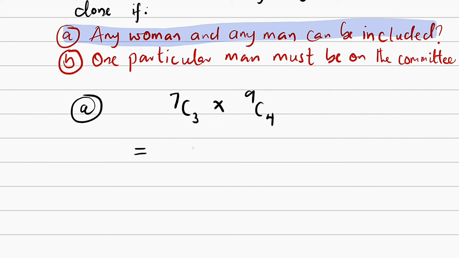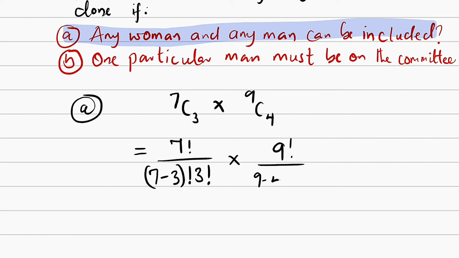So this is the same thing as 7 factorial, divide by 7 minus 3 factorial, then 3 factorial, then multiply by 9 factorial, divide by 9 minus 4 factorial, then 4 factorial.